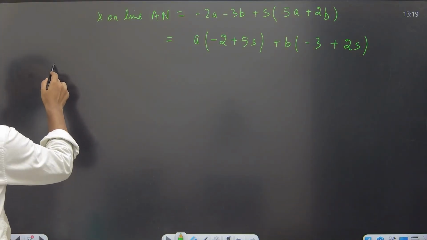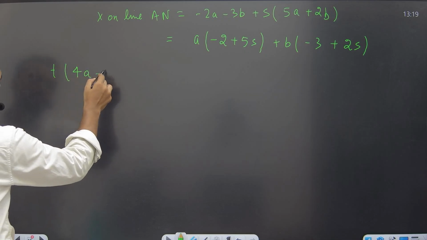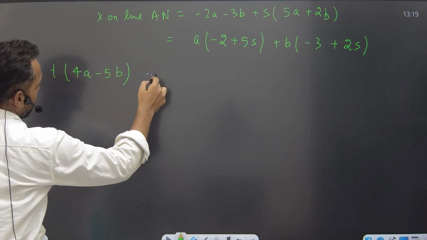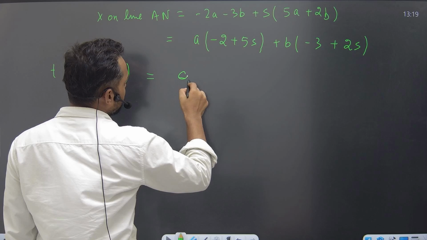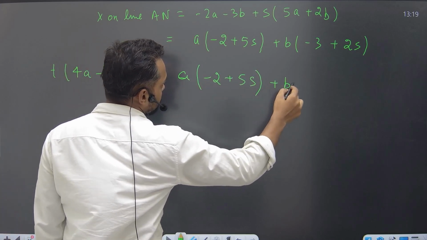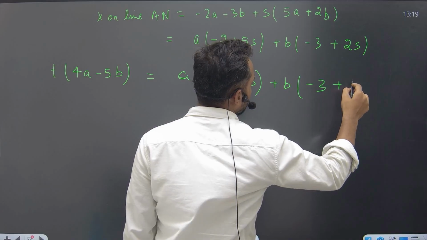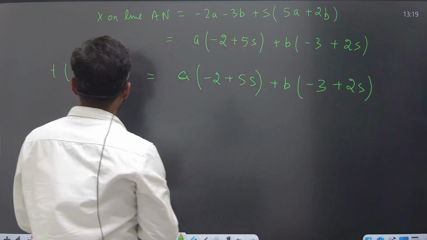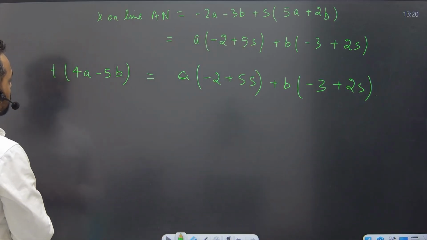So both values will be equal. Why? Because they are representing the same point, so I am making them equal, students.